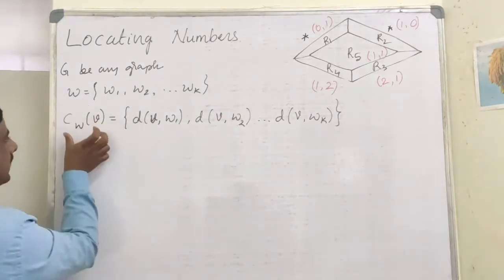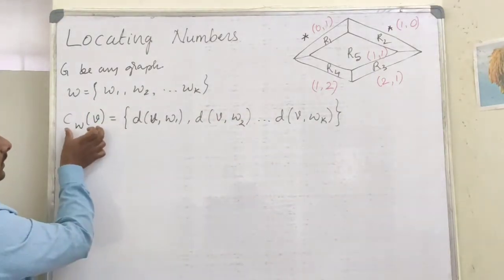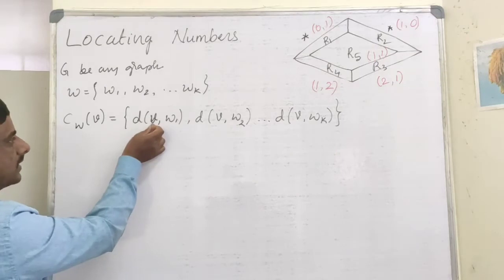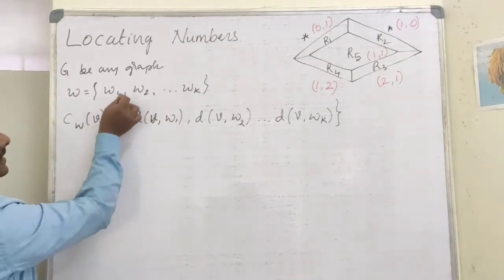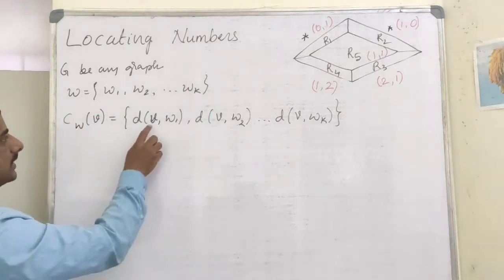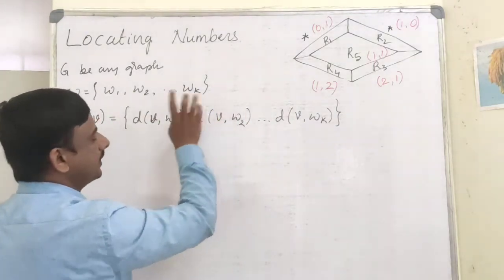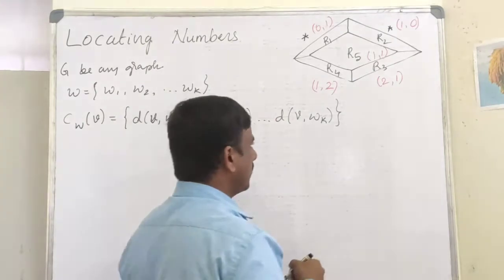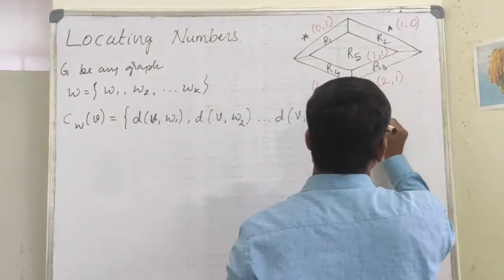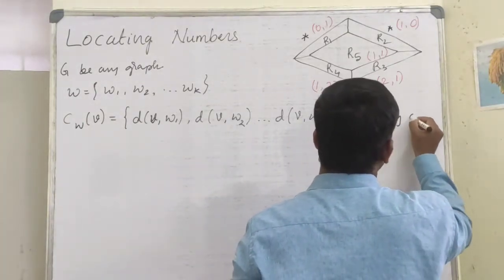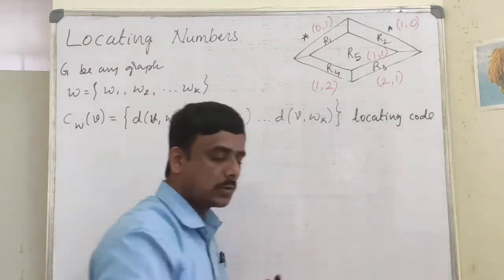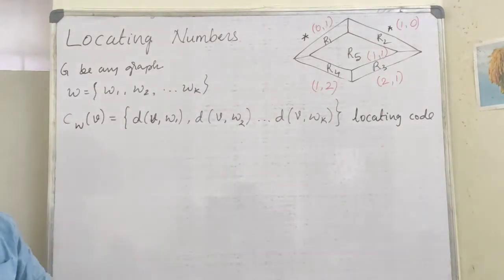That code will be the distance of the vertex to each vertex of W: the distance of V to W1, the distance of V to W2, and so on, the distance of V to Wk. This is called the code or locating code.